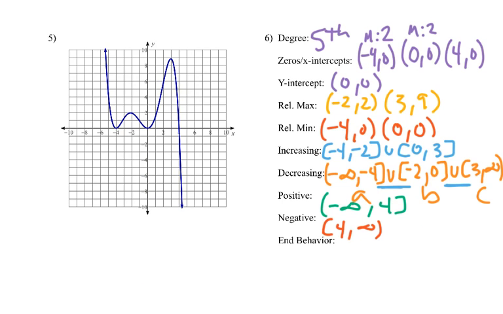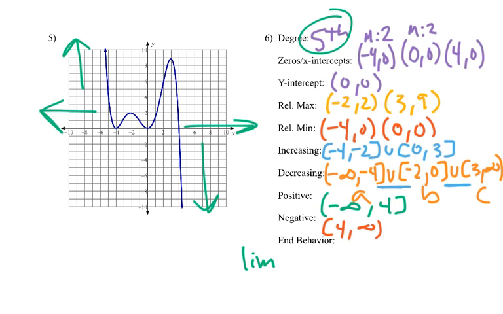All right, so number 5, end behavior. As we go to the right, we're going down. As we go to the left, we're going up. So we know it's an odd degree, and we also know it's got a negative coefficient. But how do I write that? The limit as x approaches positive infinity: as we go to the right, our function goes down to negative infinity.